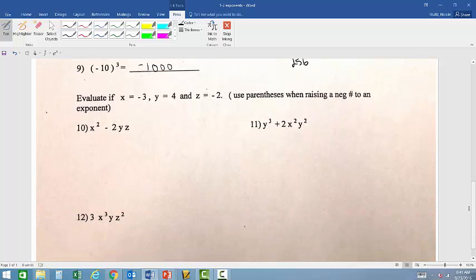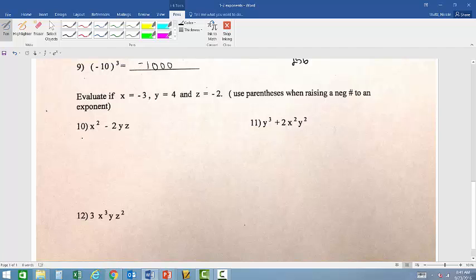All right, so we're going to set up the bottom and we're going to go through them. When I substitute a number for a letter, I have to include parentheses around that number. So I'm going to put 4 in for y using parentheses, and -2 goes in for z. If you don't use those parentheses, you're writing a different problem, so you have to have them in there.